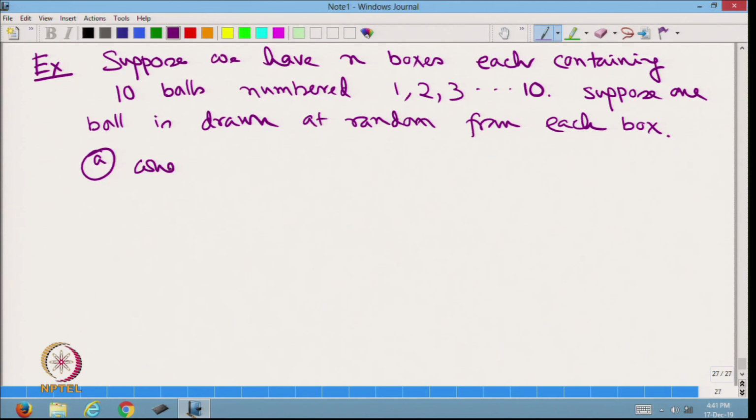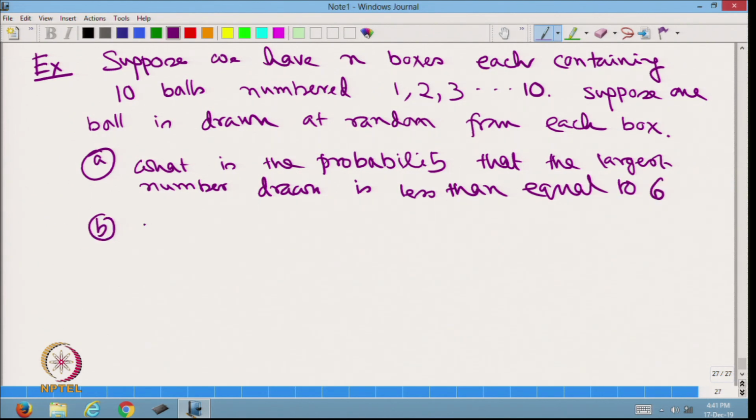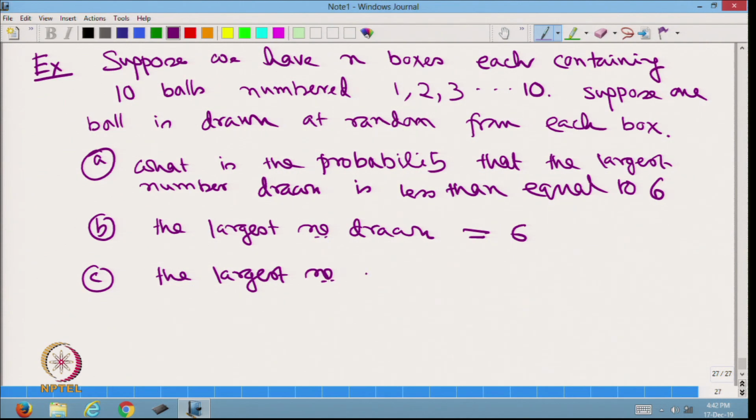What is the probability that (a) the largest number drawn is less than equal to 6, (b) the largest number drawn is equal to 6, and (c) the largest number drawn is greater than 6?